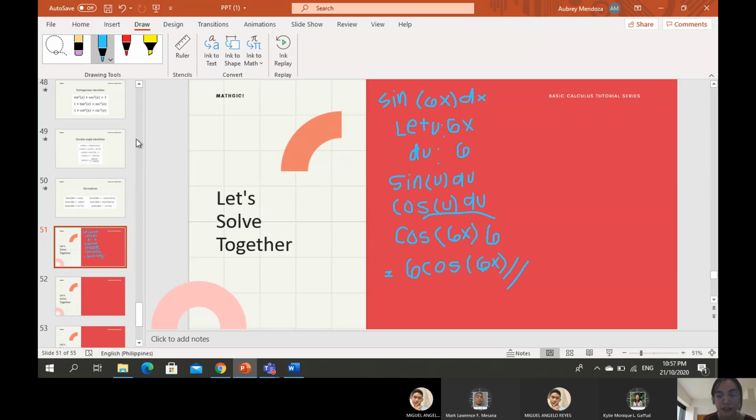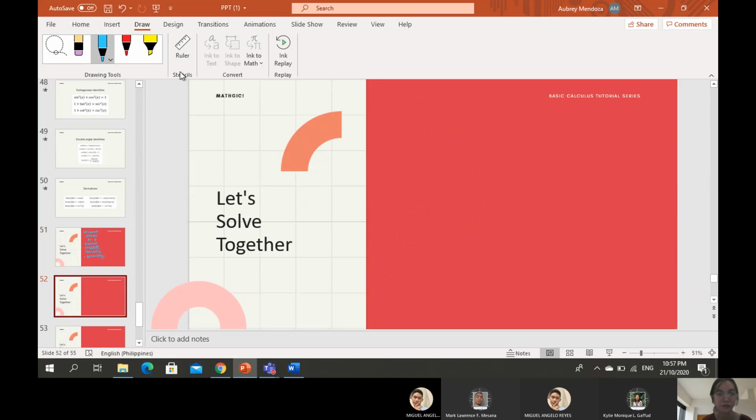There. Let's have another example. Let's say we have here 4 cosine x minus 2 sine x.